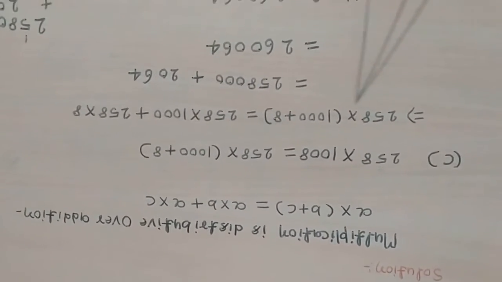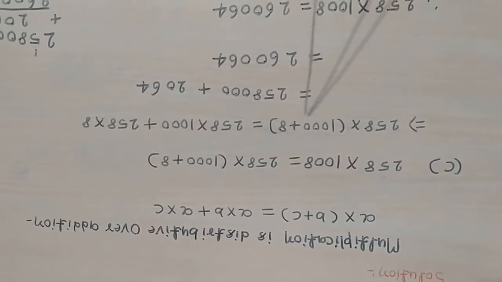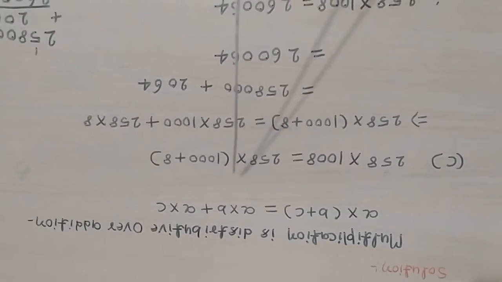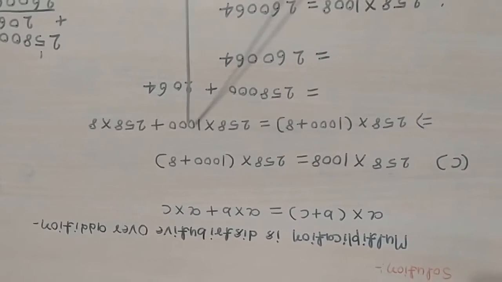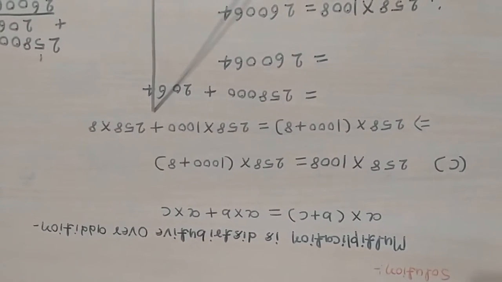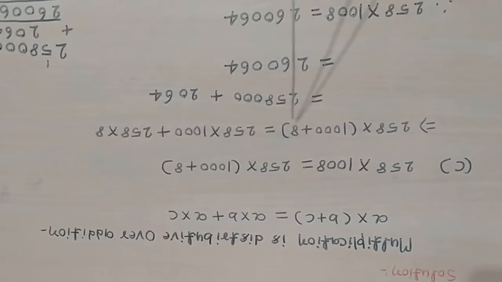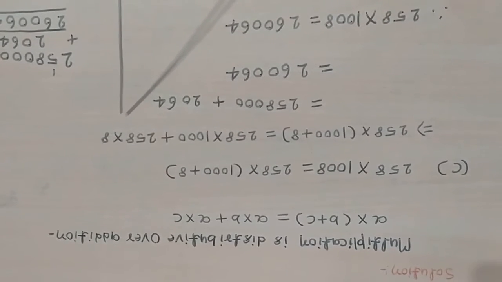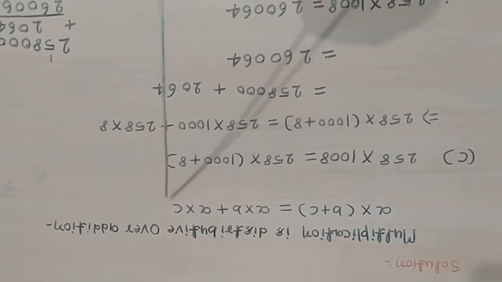So we write here 258 into 1000 plus 8 and apply these properties. A into B means 258 into 1000, plus 258 into 8. You write here, clear? Like A into B plus A into C.